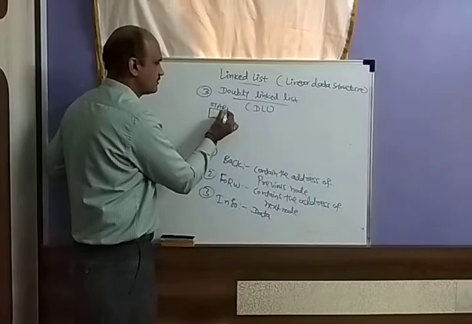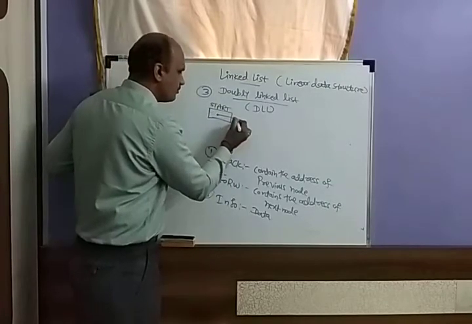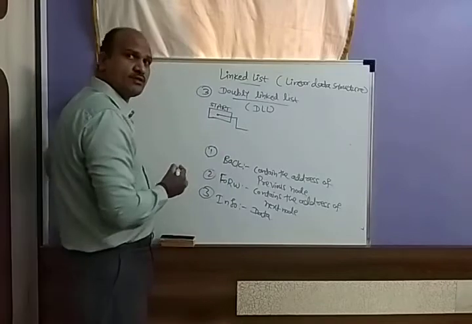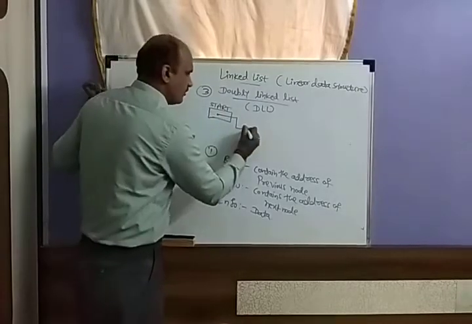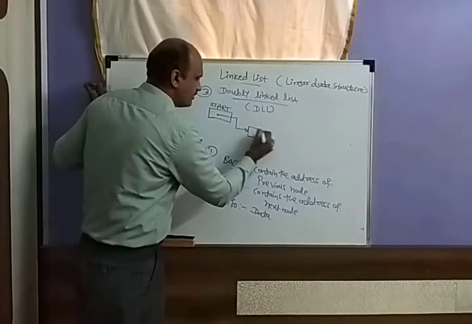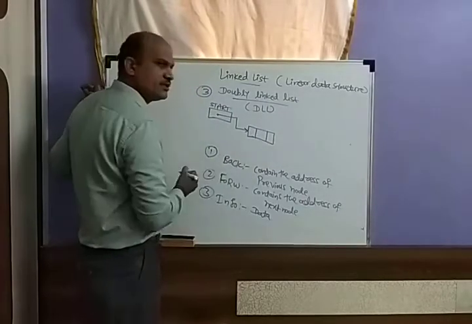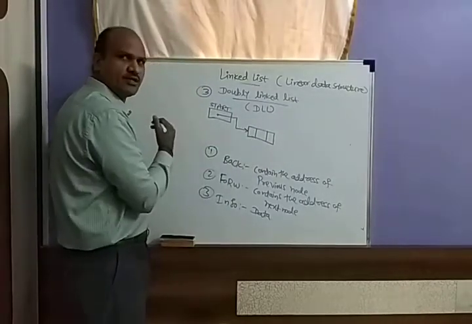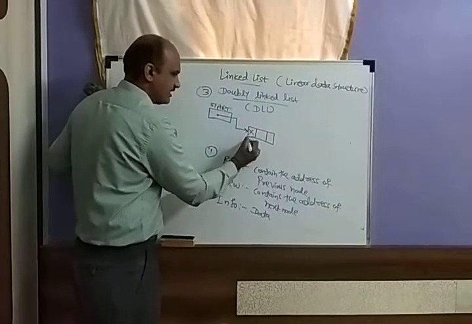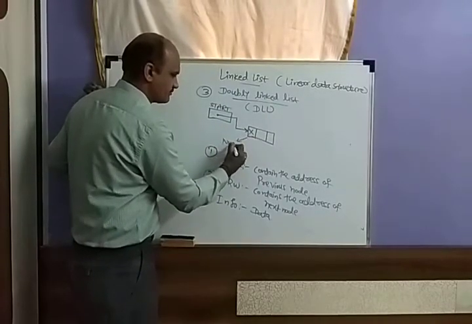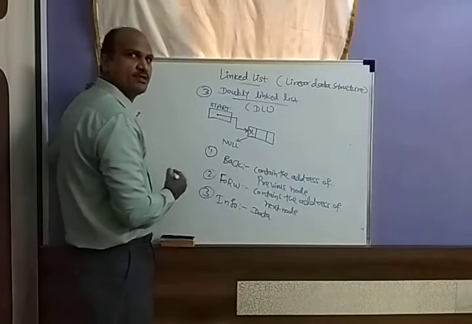The first node has three parts, as I told you. Here there is no link connected, so you can write it as X, which is also null, starting with null.